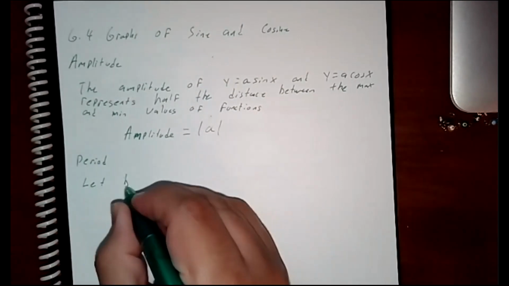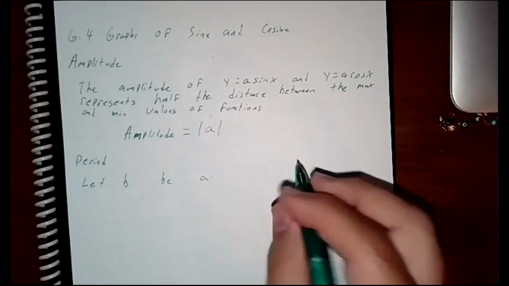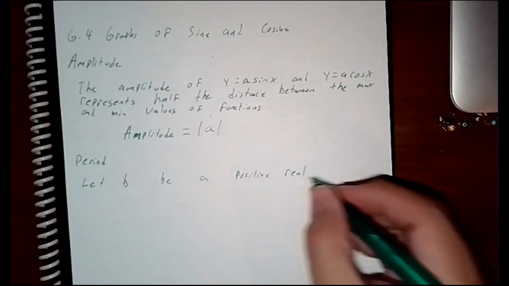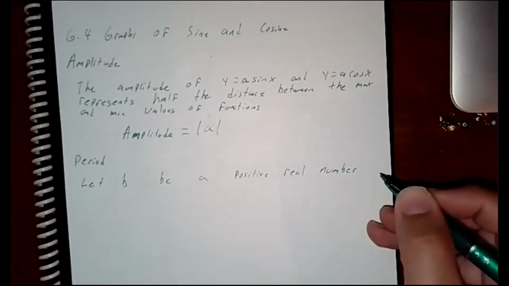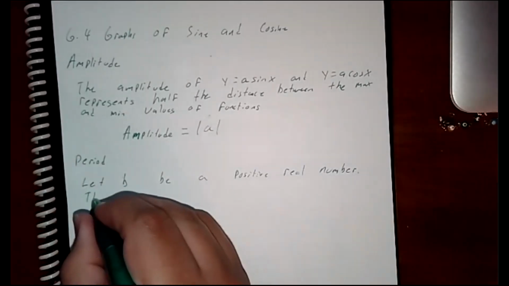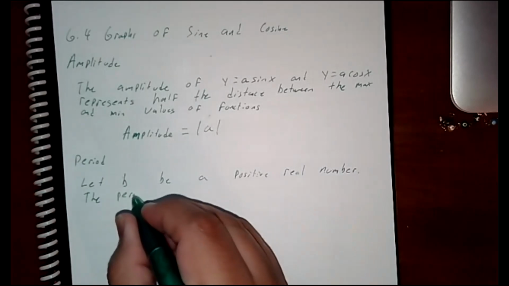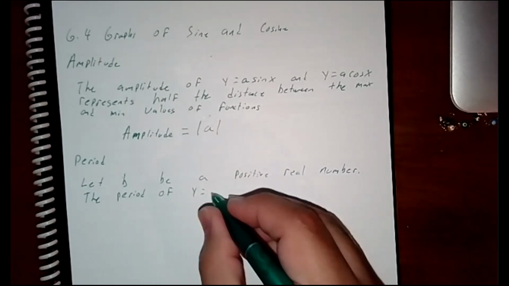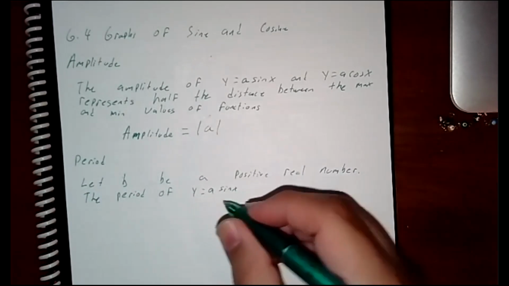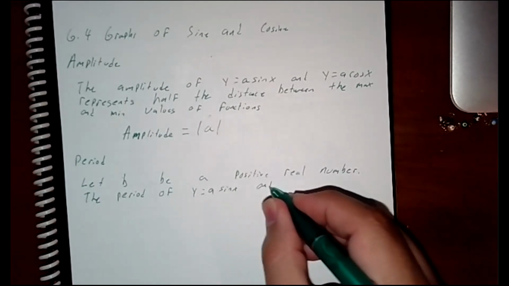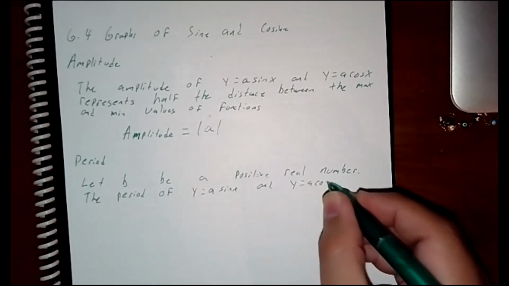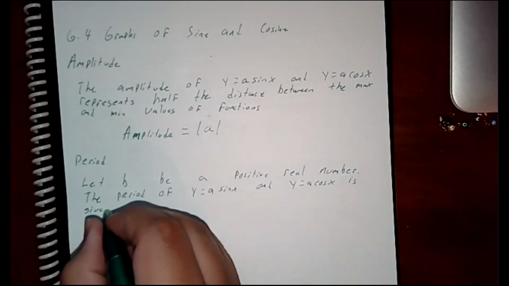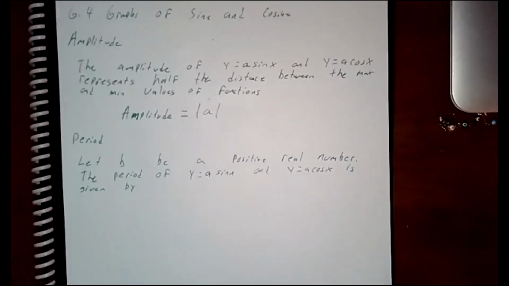Let B be a positive real number. The period of y equal to a sine bx and y equal to a cosine bx is given by this formula. So if they ask for the period, all you have to do is use this here.